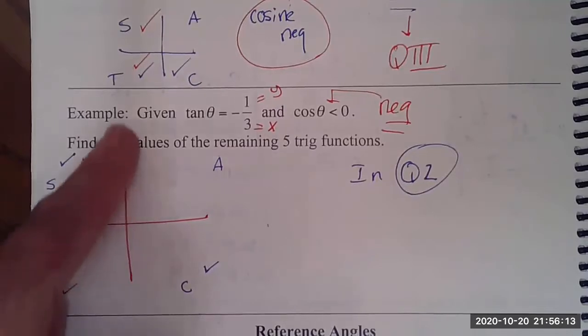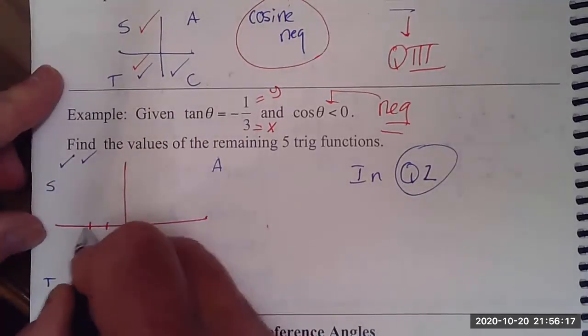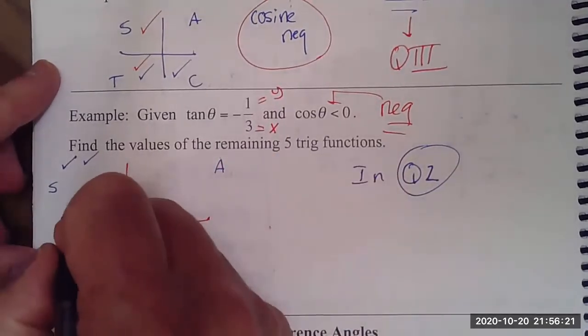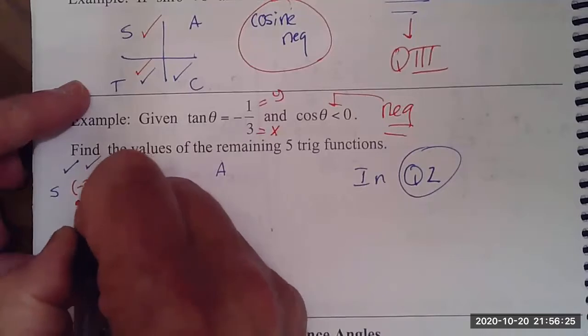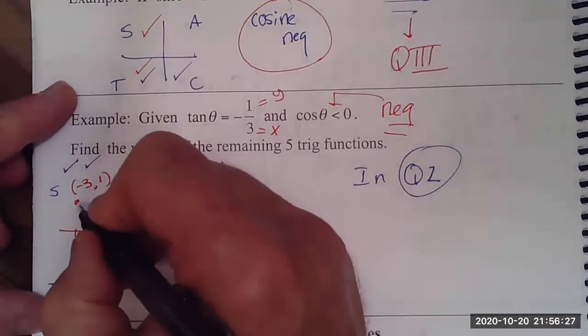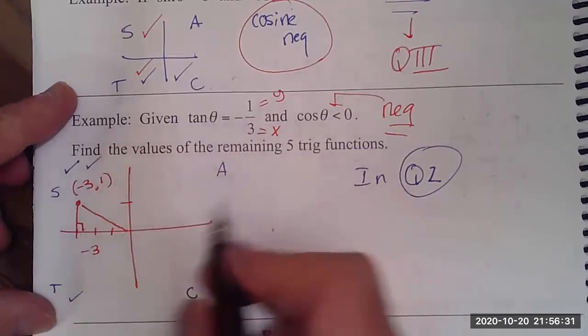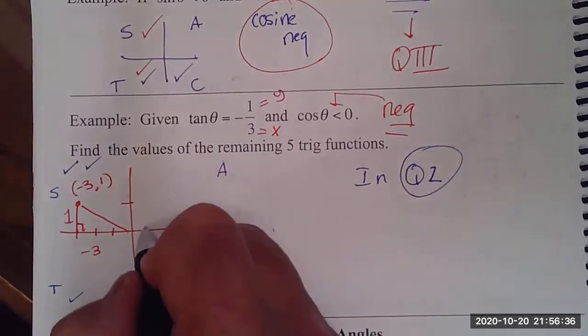Yeah, that's positive. The negative's got to go with the x. This has to be 1, 2, 3. This has to be -3 here, and then 1. The ordered pair right there has to be -3, 1. Has to be. So this is 1 here, -3. Here's your angle, theta.